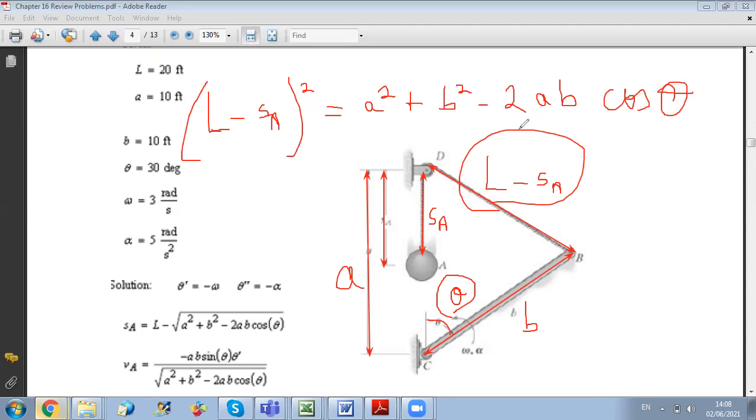In this way, you have found a relation between SA and theta. What I advise you is to derive it as it is because it will be easier to derive.